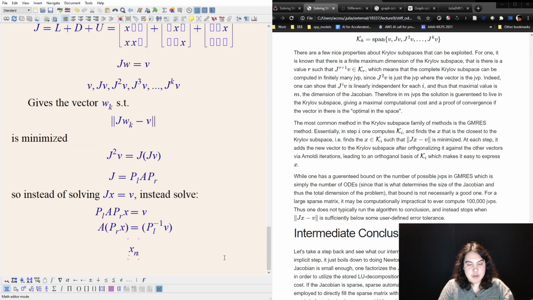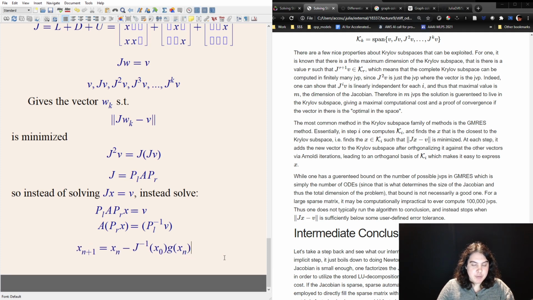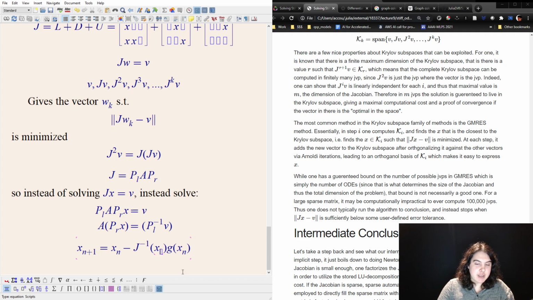The quasi-Newton method is x_{n+1} equals x_n minus the Jacobian inverse at x_0 times g of x_n. So we already did one approximation. Technically, in Newton's method, you need to invert a new Jacobian each time. You have to factorize the new Jacobian every time.